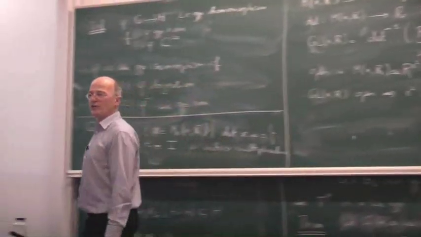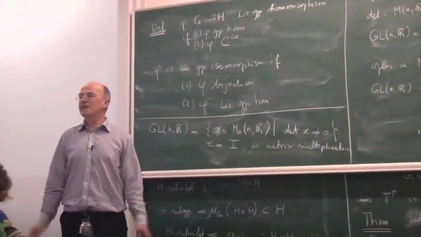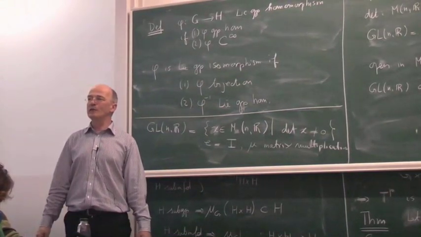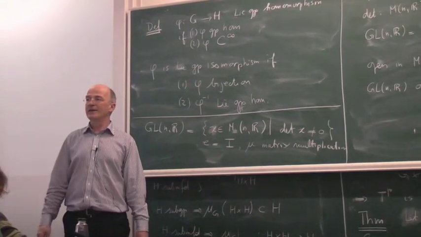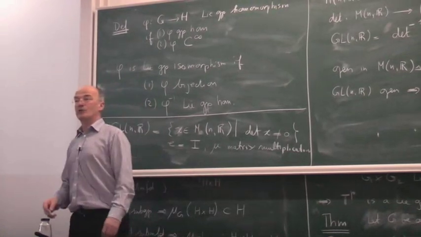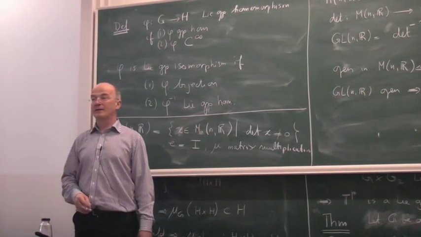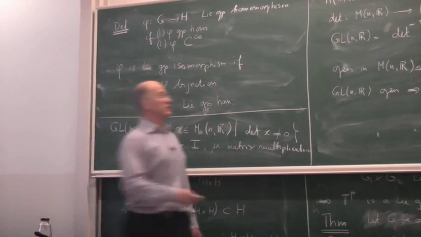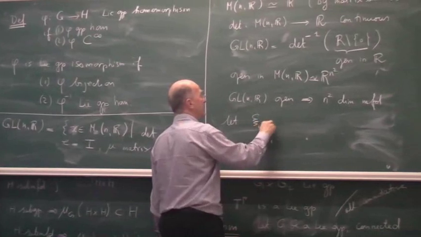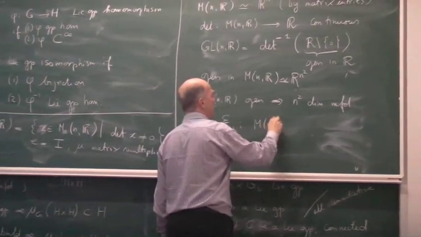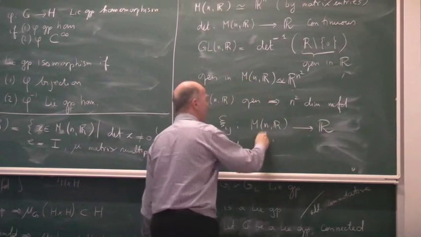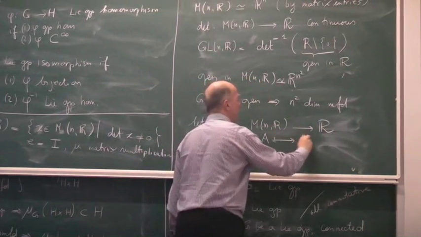What can we say about the coordinate patches of this manifold? Well, it's an open subset of a linear space, so what we can do is we can use the global coordinates of the linear space, restrict those to the open subset, and then we have the coordinates of that manifold. We have a global set of coordinates. So let psi_ij be the map from M_n(R), from all matrices to R, mapping a matrix A to its ij entry.